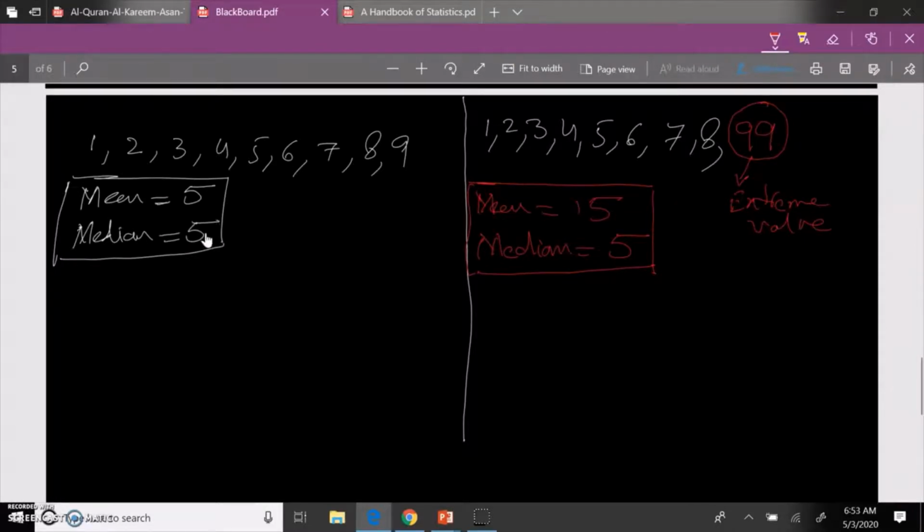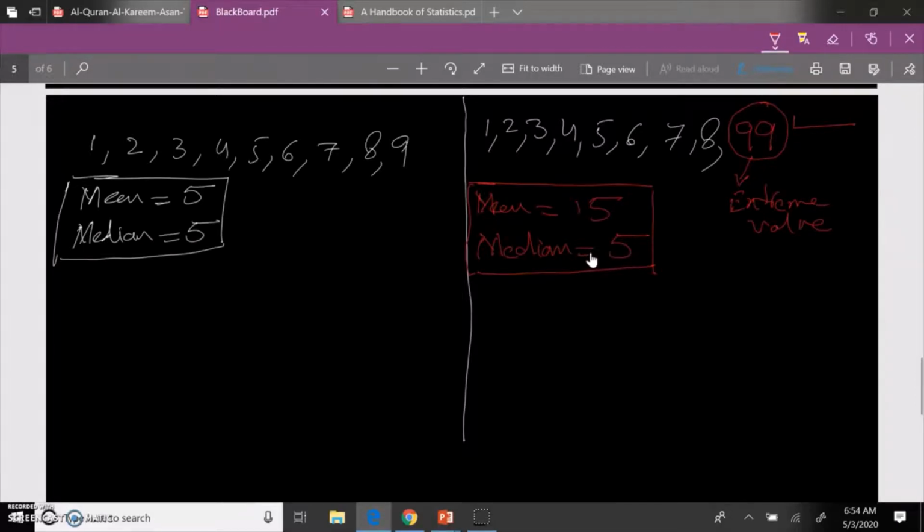I want you to understand this idea. When I include an extreme value, this 99, look at what happens to the mean. The mean is changed from 5 to 15, 3 times. It's inflated, exploded. But what happens to the median? It is unaffected. It doesn't change.